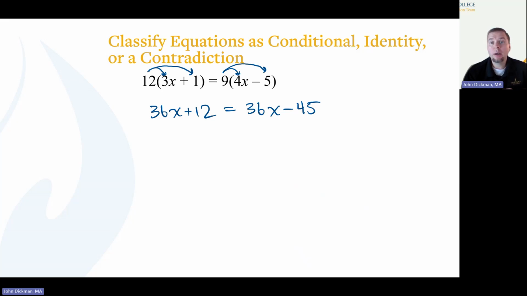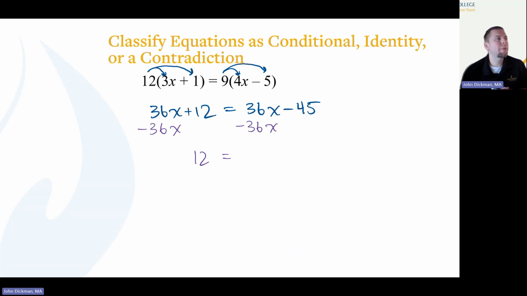So I know what's going to happen here, and so I can recognize that something is strange about this equation. But you might just be in the zone. You know that your next step here is to get the variables to one side of the equation, so you decide to subtract 36x from both sides. But when we do that, we just get 12 equals negative 45.